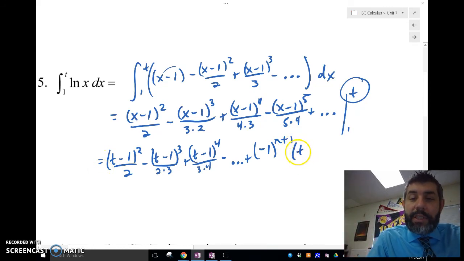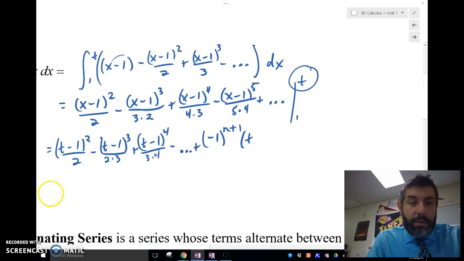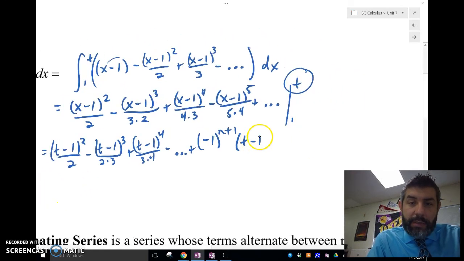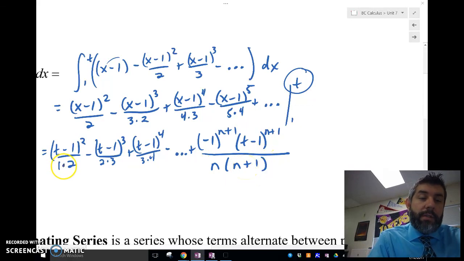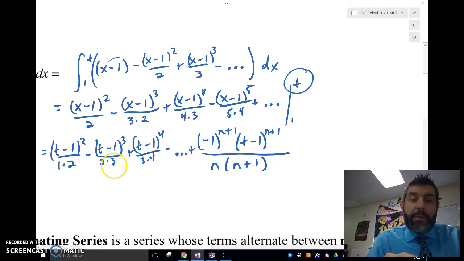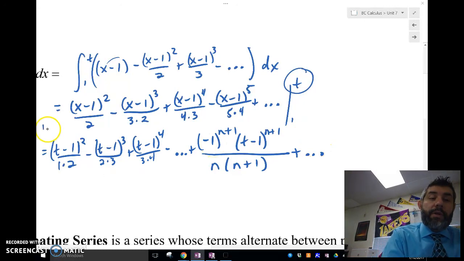And then we're going to have (t minus 1) to the n plus 1, because we're going to start at 2, all over, it looks to me like we're going to do n times n plus 1. This is 1 times 2, then 2 times 3, then 3 times 4, yeah, and so forth. All right, so there we go.